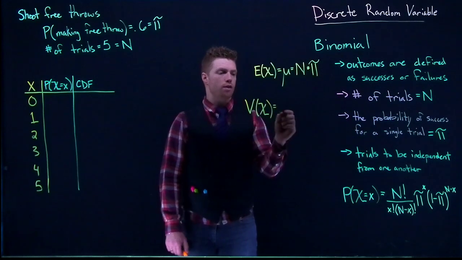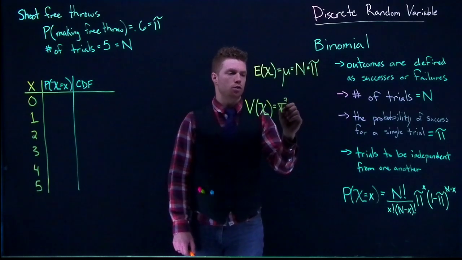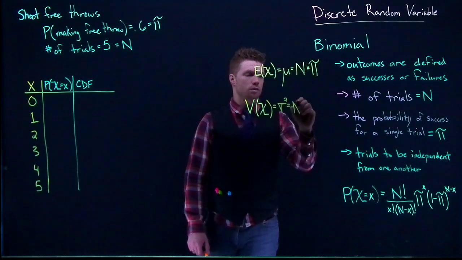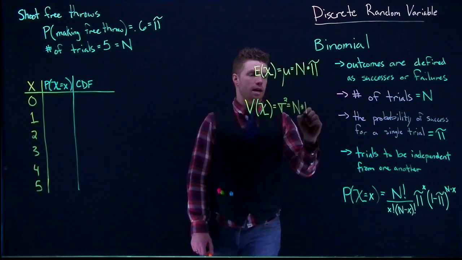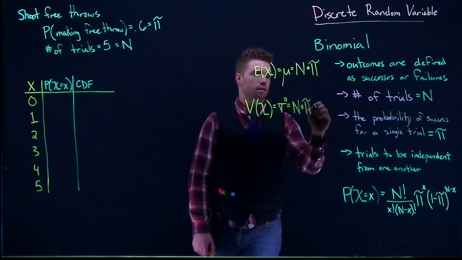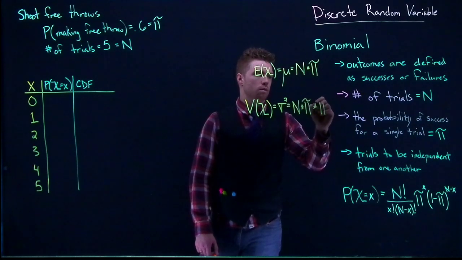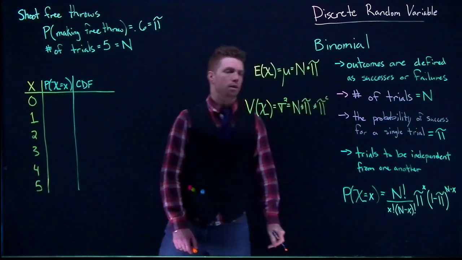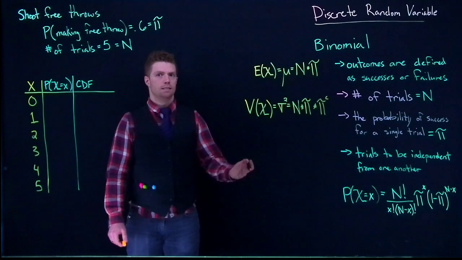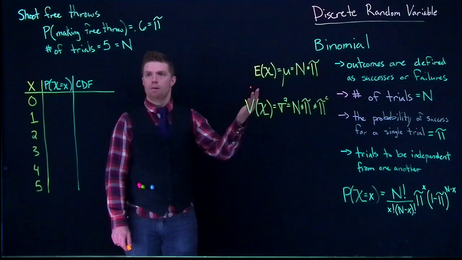So if we want to do our variance, which is going to be equal to sigma squared, all we have to do is n times pi times pi complement. That's it. You just have to multiply one more thing.